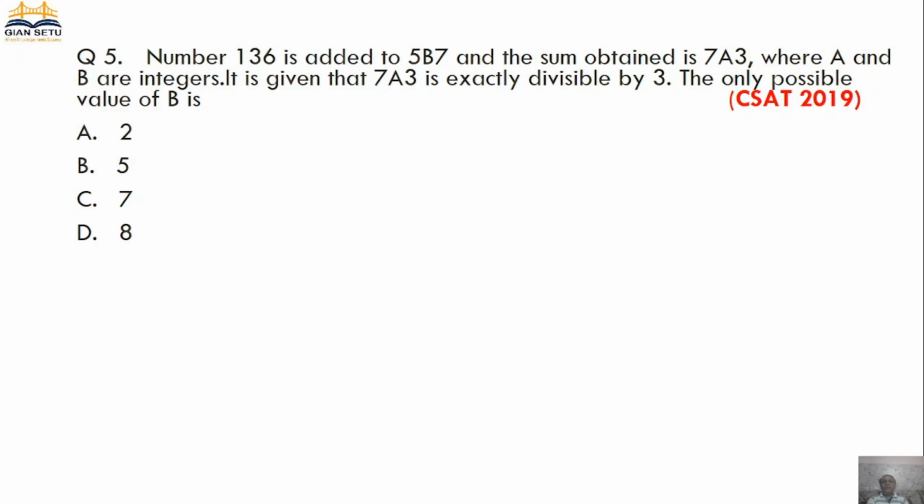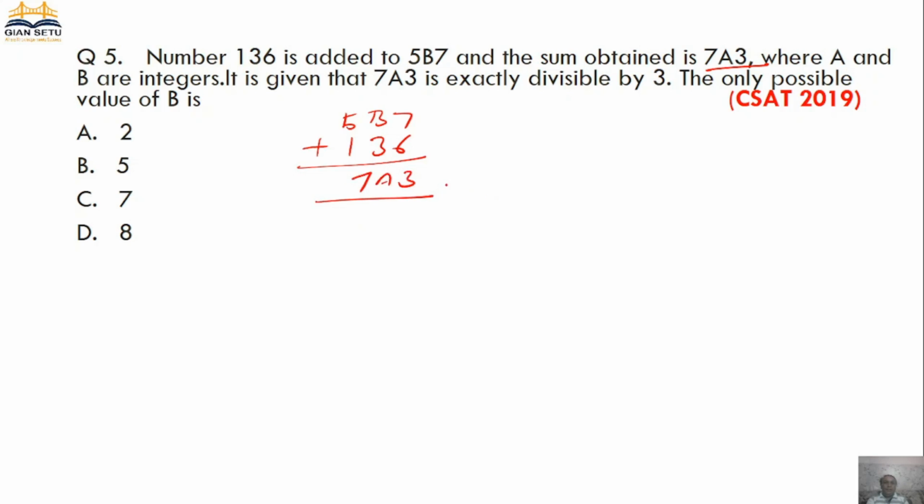Number 136 is added to 5b7 and the sum obtained is 7a3, where a and b are integers. It is given that 7a3 is exactly divisible by 3. The only possible value of b is. Now according to the question, we have a number 5b7 and when we add 136 to this number, we get a sum 7a3.